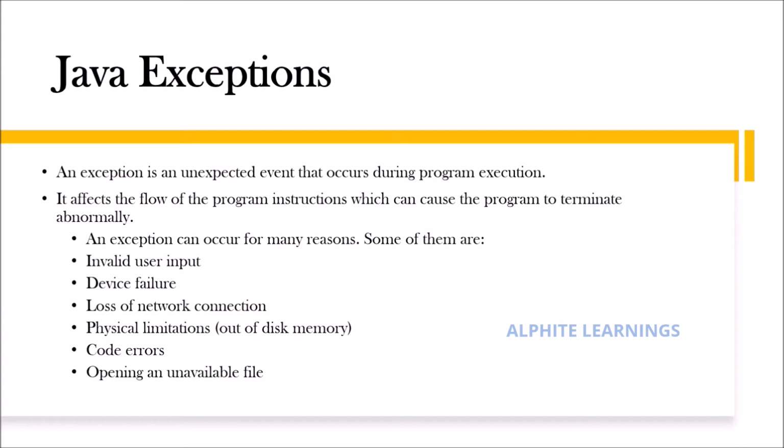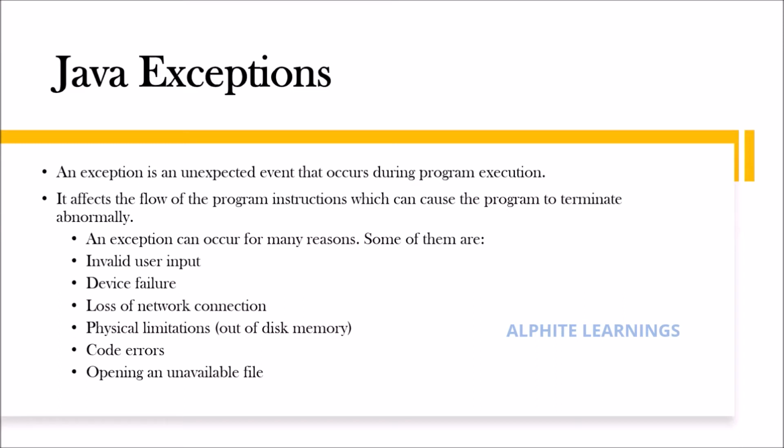You are not going to get your output. Whichever line it occurs at, the program will stop abruptly at that line. It will not execute further. At the end of the day, your program will not get executed.